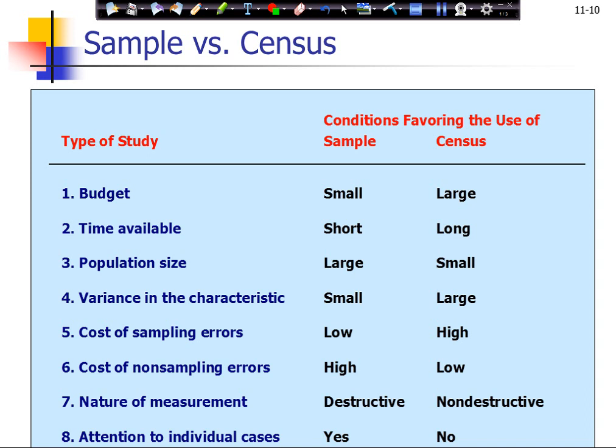So wherever the nature of measurement is destructive, that is, a material has to be either consumed or contaminated in order to measure it, we have to select a very small number, that is a sample. If at all we feel the nature of measurement is non-destructive, that is, despite testing that material or good, it is not being harmed, we can go for the method of census.